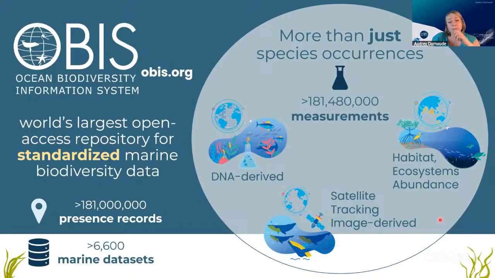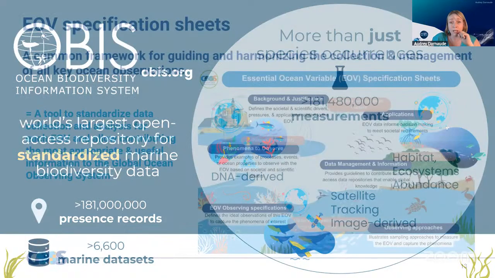And this makes it both interoperable, but also easily integrable at the regional and global scale. So it can be used to inform big international assessments, as already the case, for example, for the UN World Ocean Assessment or the UNESCO State of the Ocean Report, among others.